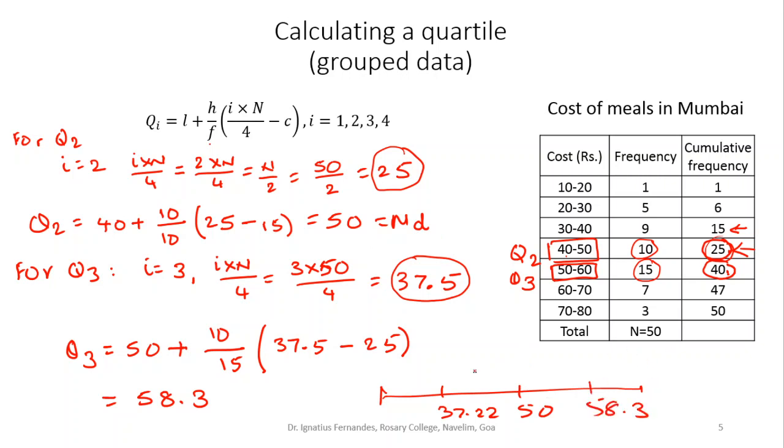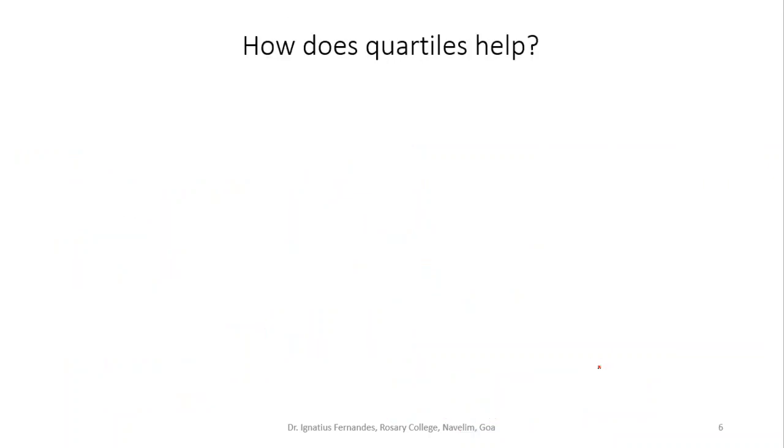Okay, so you know that 25% values are here, 25% values are here, 25% values are here, 25% values are here. 50% of the restaurants have their cost less than 50, 50% have more than 50. 25% of the restaurants have their cost less than rupees 37.22, and the remaining 75% are above that. Okay, so this is how these values will help.